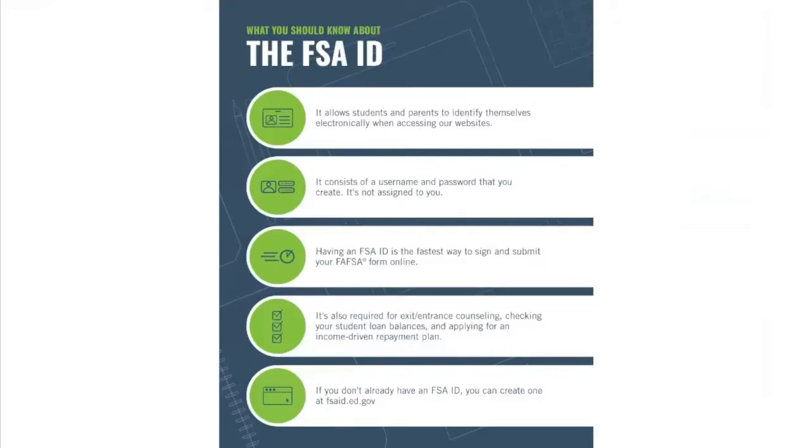By creating the Federal Student Aid ID, you're going to be able to use it to access federal student aid websites, such as the FAFSA. So this is your first step. The FSA ID consists of a unique username and password created by you, and should reflect only your personal information.